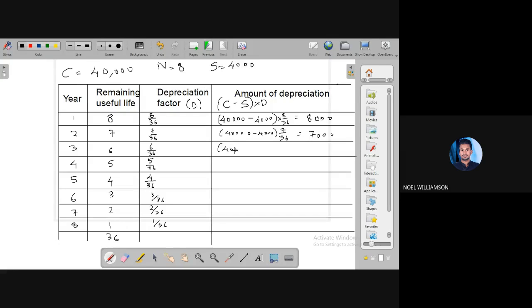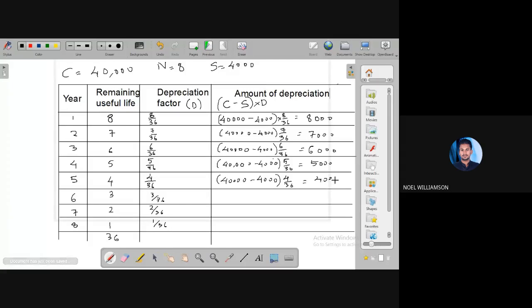This is 40,000 minus 4,000 into 6 by 36, so you get 6,000, and 5 by 36, 5,000. It is going in a trend, right? That is 40,000 minus 4,000 into 4 by 36.